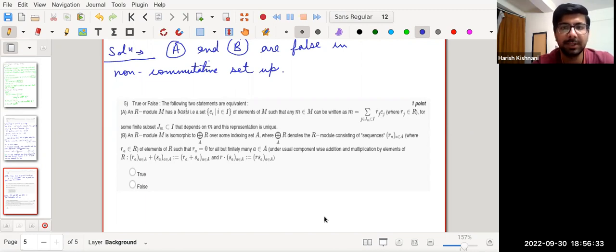Okay, so that means you have a set e_i corresponding to an indexing set I, and you can find a subset.